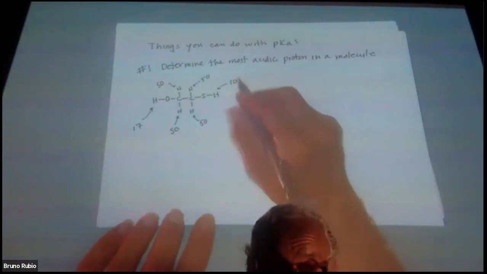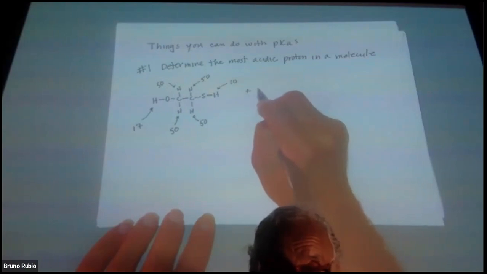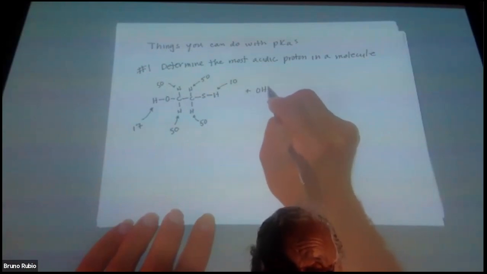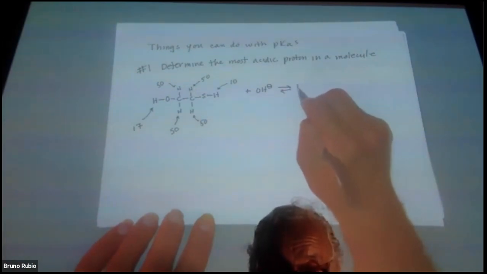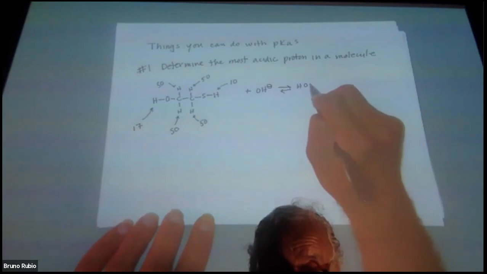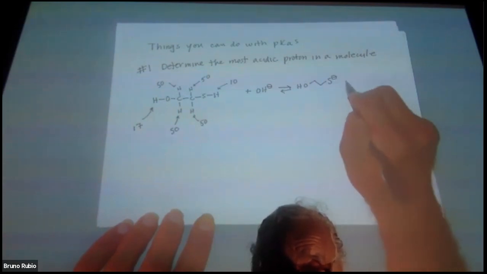So I've identified the most acidic proton in the molecule, which is going to be this one, which has the lowest pKa. So when this molecule is reacted with hydroxide, it's going to be an equilibrium reaction, but the proton that is removed will be that thiolic proton, the most acidic proton.